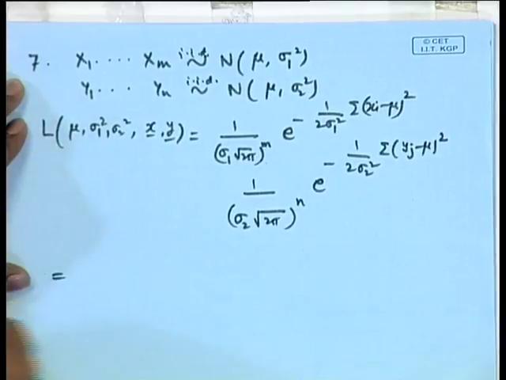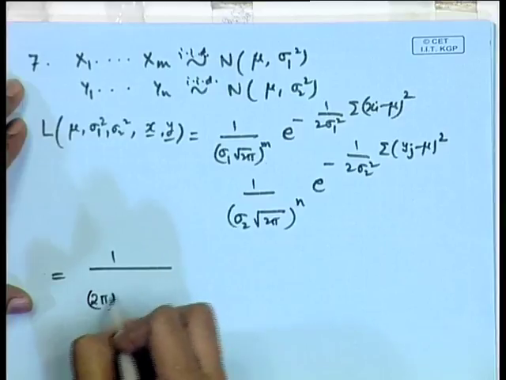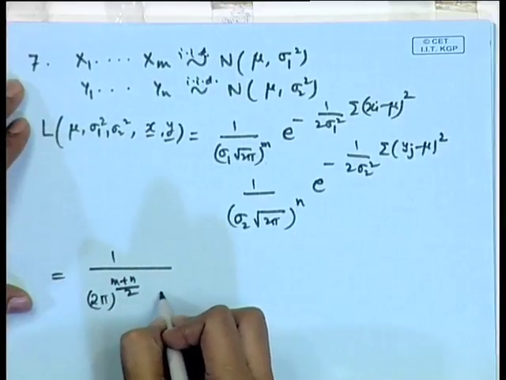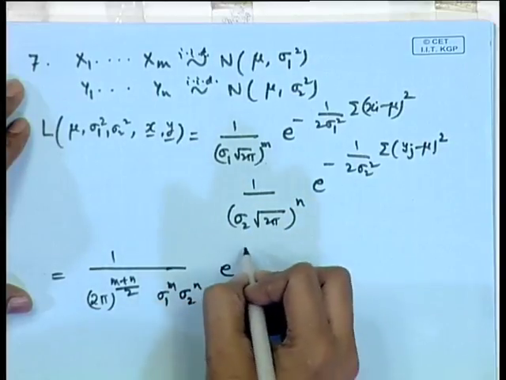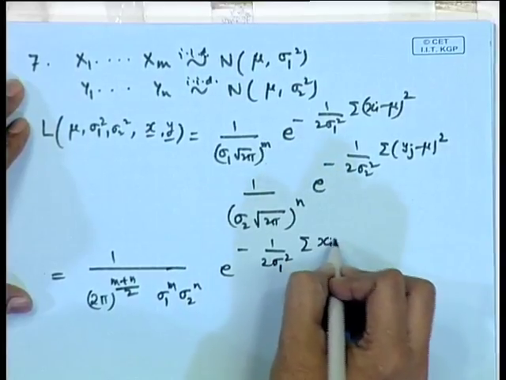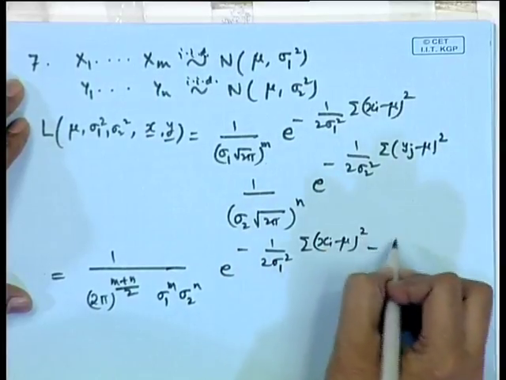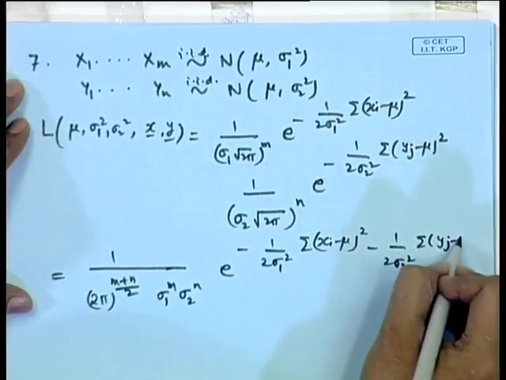So, the terms can be simplified: (1 by 2 pi) to the power (m plus n) by 2, sigma 1 to the power m, sigma 2 to the power n, e to the power minus 1 by 2 sigma 1 square sigma (xi minus mu) square minus 1 by 2 sigma 2 square sigma (yj minus mu) square.